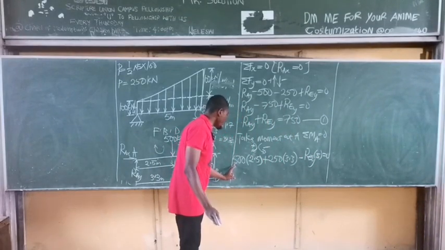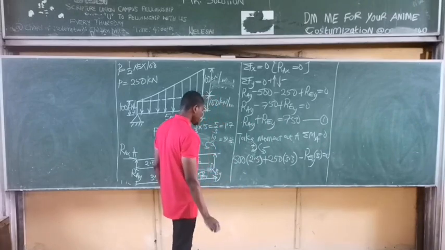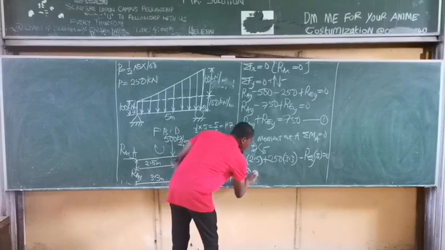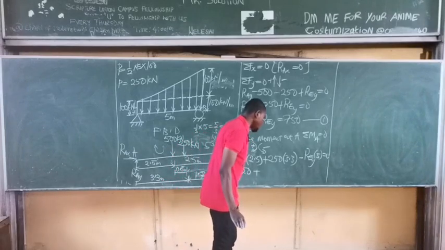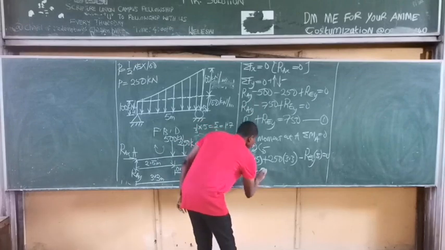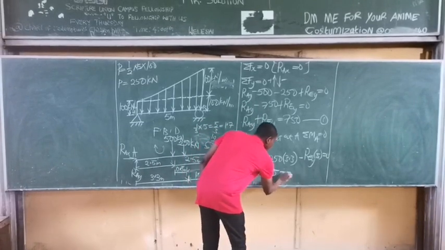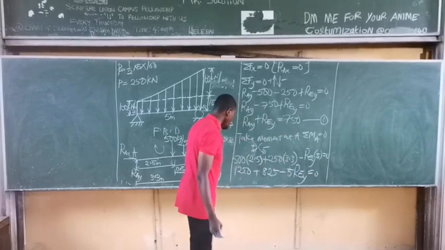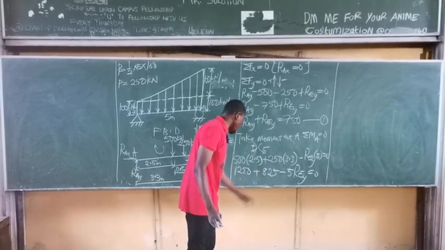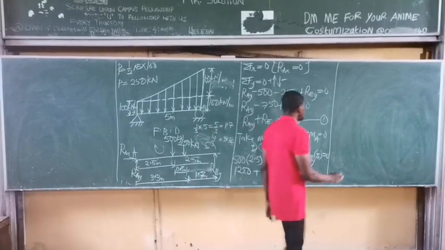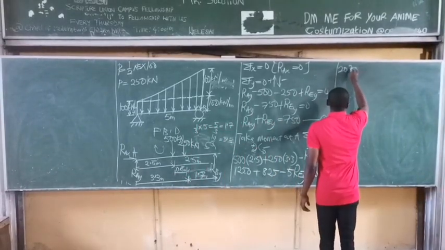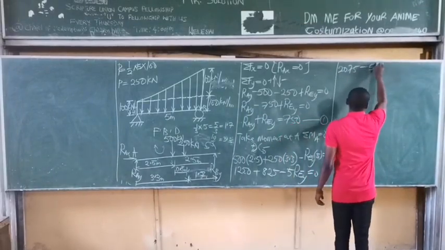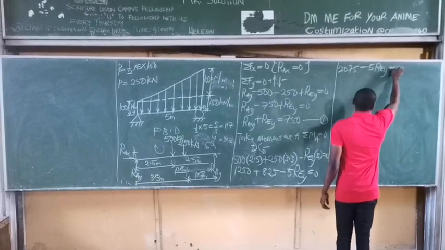So we expand now. 500 by 2.5 we have 1250, plus 250 multiplied by 3.3 we have 825, minus 5 REY, and this is equal to 0. So we evaluate 1250 plus 825. We have 2075, and that's minus 5 REY, and that's equal to 0.